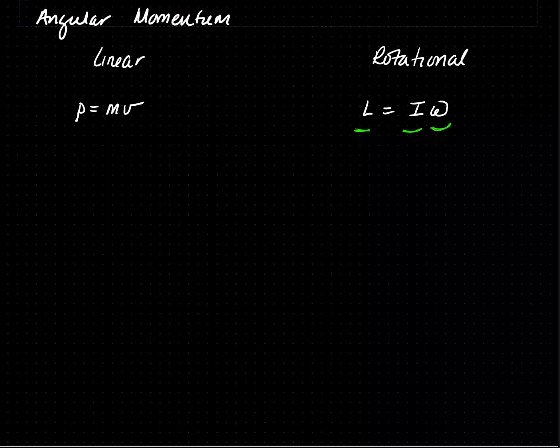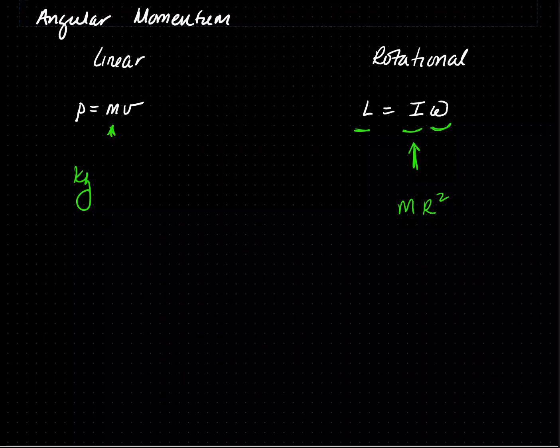You also know that the moment of inertia will change depending on how the mass is distributed. For the AP test, you should memorize that mr squared is for point particles. Both linear and angular momentum are vectors. The units for linear momentum, remember, mass is in kilograms, SI, velocity is meters per second.